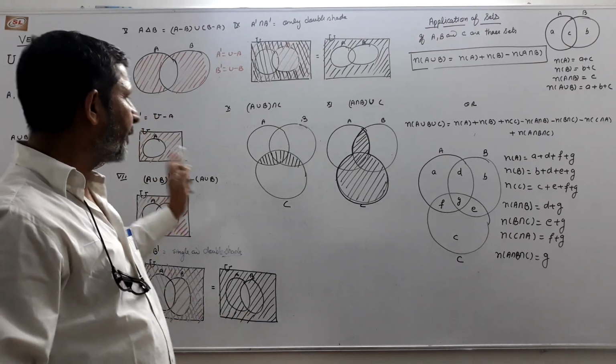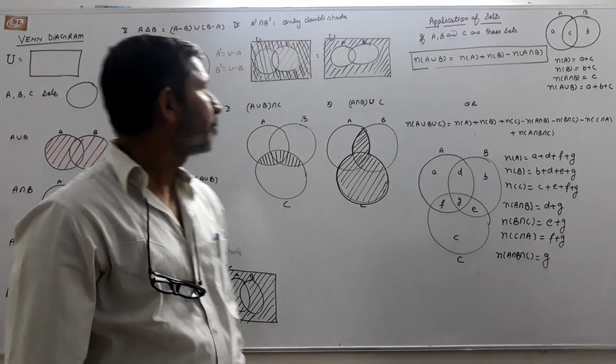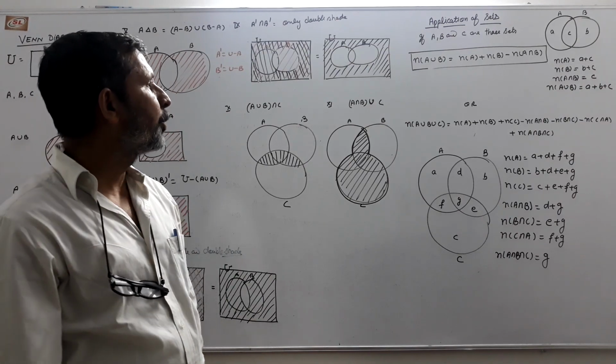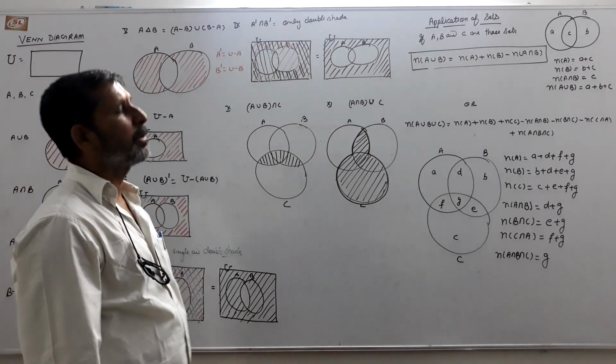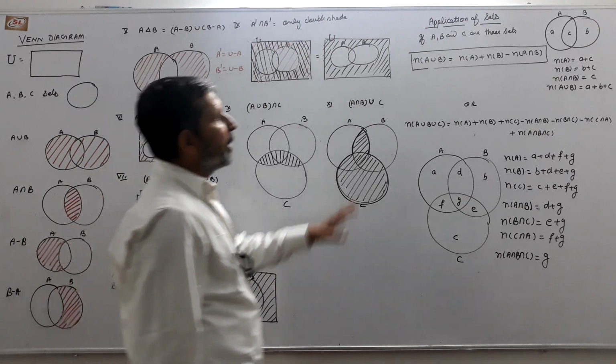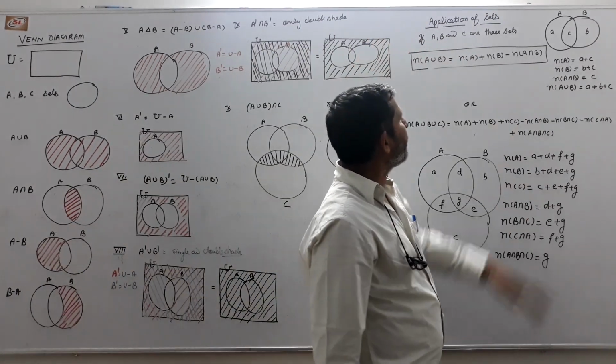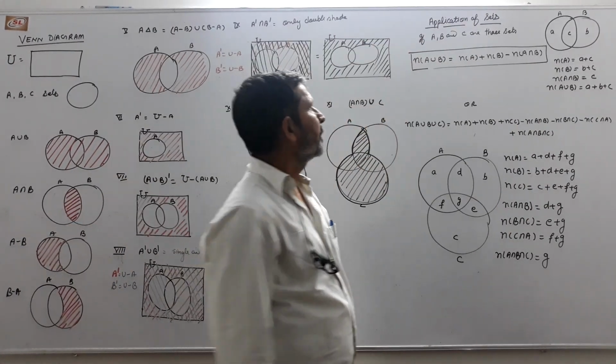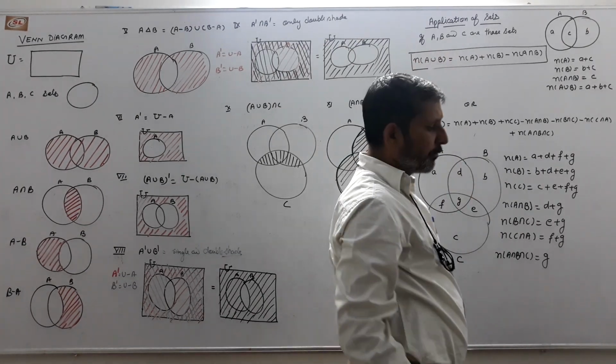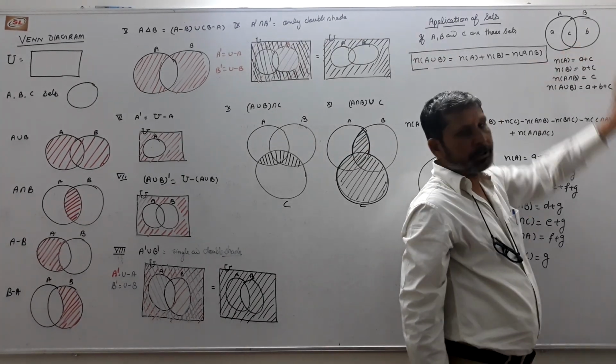These are the different types of Venn diagrams, and now one more property or application of sets. Application of sets. Let me suppose that A, B, and C are three sets. So first we take A and B as two sets.